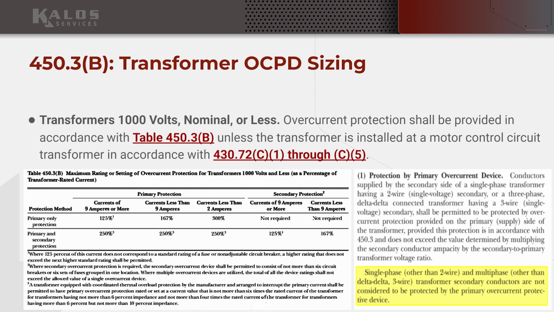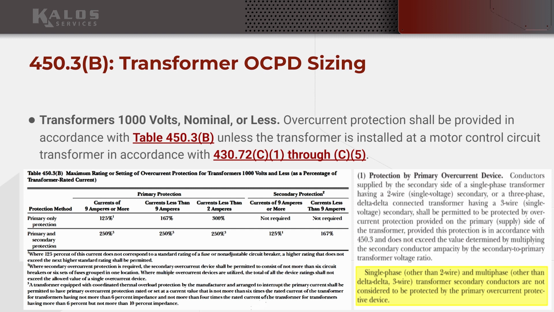The only scenarios where we are allowed to consider the secondary to be protected by the primary overcurrent protection device, and this would basically mean that we have a circuit breaker that feeds the transformer, and then the secondary of that transformer is tied directly to the load, directly to the motor, directly to the relays, directly to whatever it is, right?